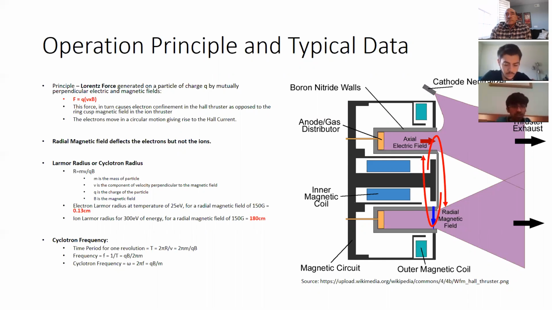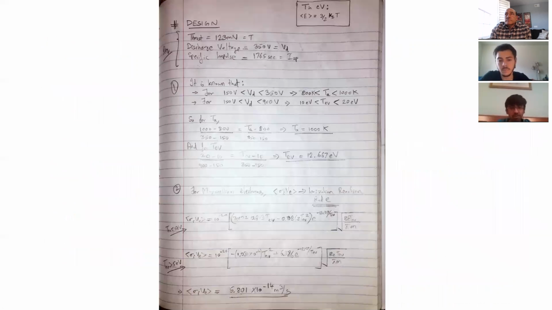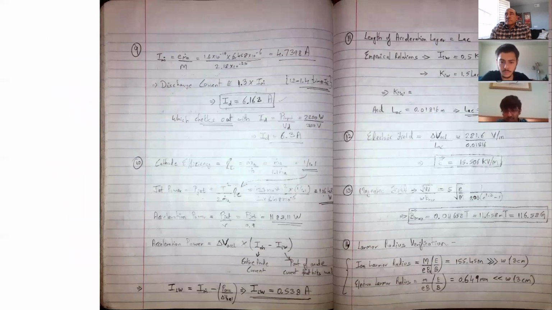In order to prove this, we need to ensure that the actual diameter of your thruster is such that the Larmor radius of the electrons is really small as compared to this diameter, and the Larmor radius of the ions is really large as compared to this diameter. So if we prove this right here, the ion Larmor radius is given by mv over qB. So velocity is the electric field over the magnetic field.